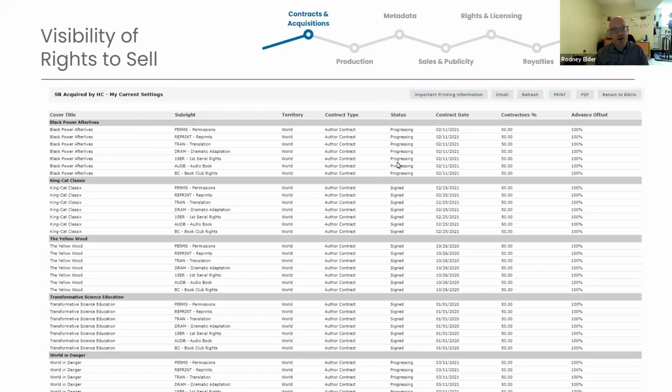So this is, again, very interesting because a workflow can be interconnected. The rights department can know about things even before they're signed, so that they can start to think about their planning process and what they will be promoting and when they will be promoting.